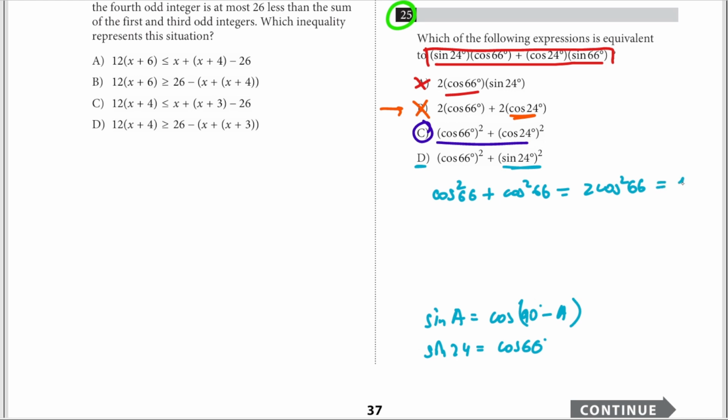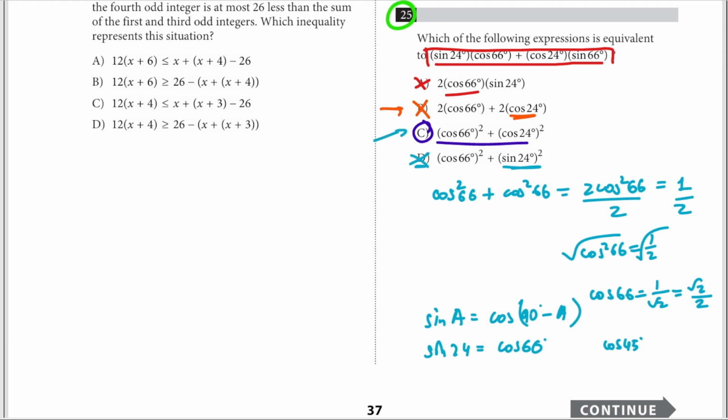Supposedly, this is equal to 1. Let's assume that's the case. Then if you divide by 2, we get cosine squared of 66 equal to 1/2. If you take the square root of both sides, we get cosine 66 is equal to 1 over root 2, or root 2 over 2. And we know for sure that this is only true for cosine of 45. Same as for option A, if I'm not mistaken. So hence D is wrong. The answer is C. That's it.